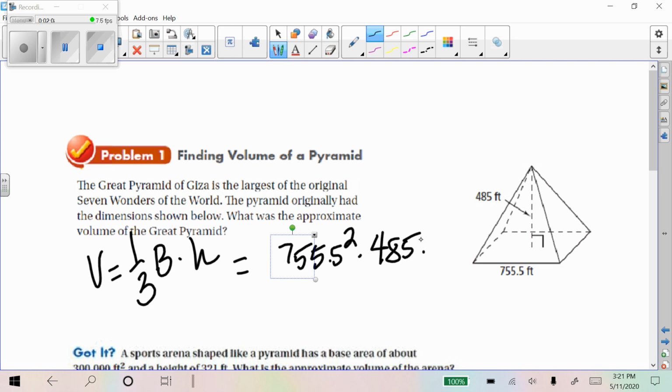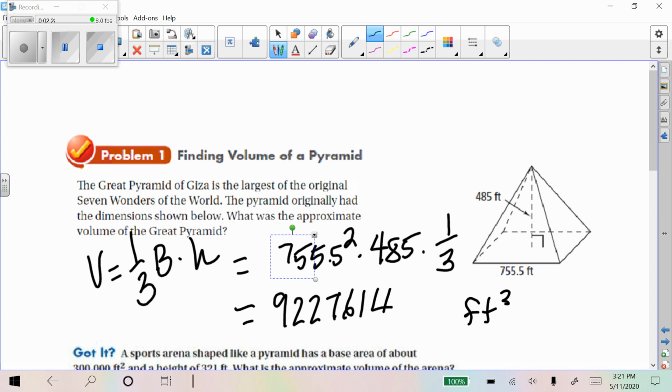And then we're going to divide that by 3 or multiply by 1/3, however you prefer. And if you did that right in terms of cubic feet, you get a really big number, rounding it, so about 92 million cubic feet.